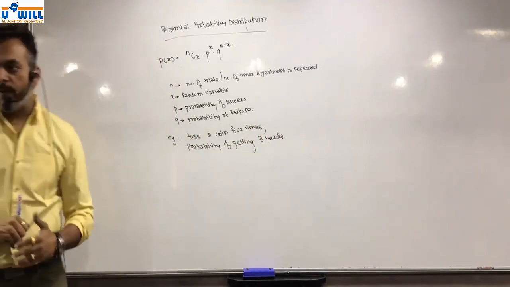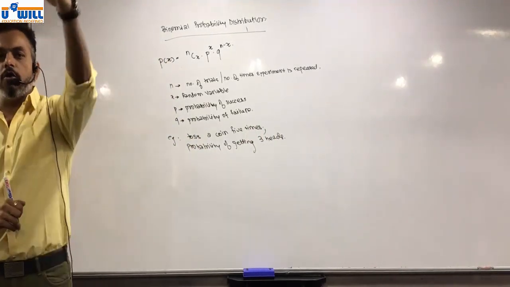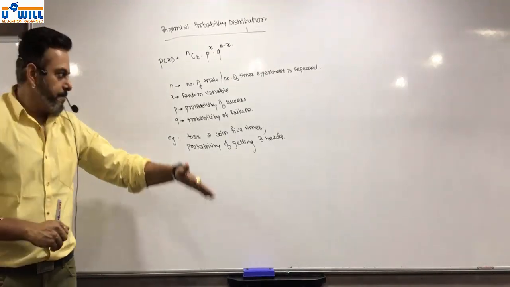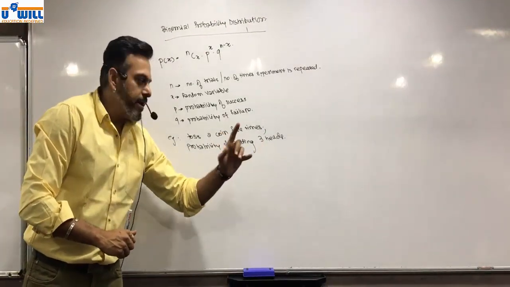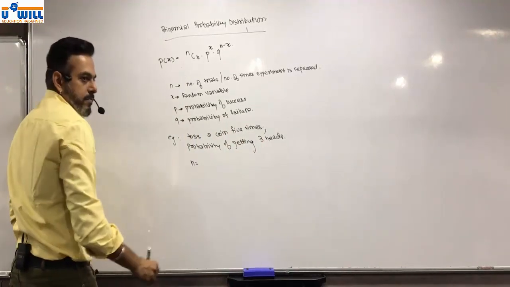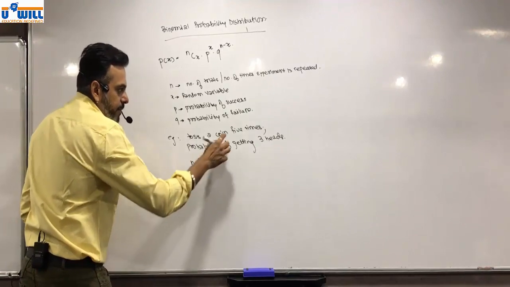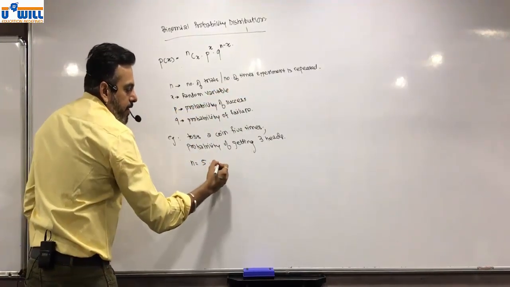You understood this experiment? क्या experiment है? We are tossing a coin 5 times. 1, 2, 3, 4, 5. We want to find the probability of getting 3 heads. Now what is n over here? What is the n? 5, because it is repeated 5 times. Understood this? What is x?